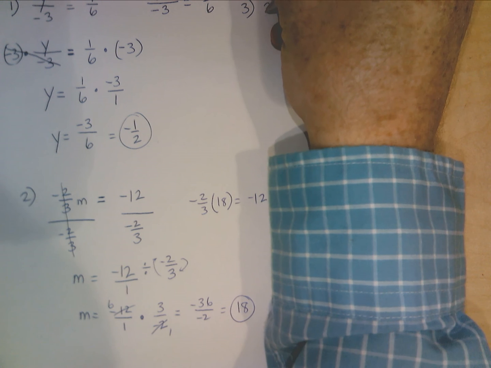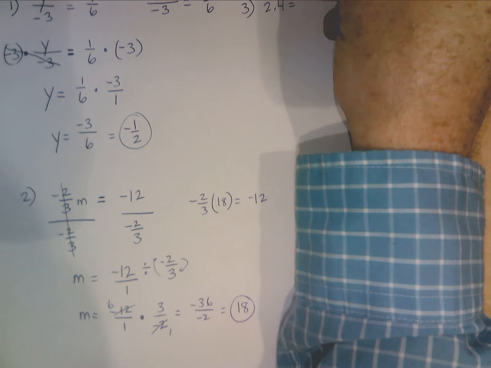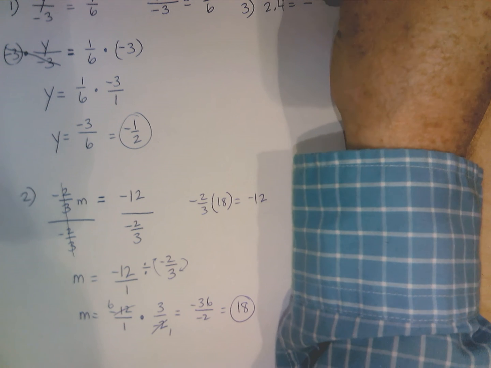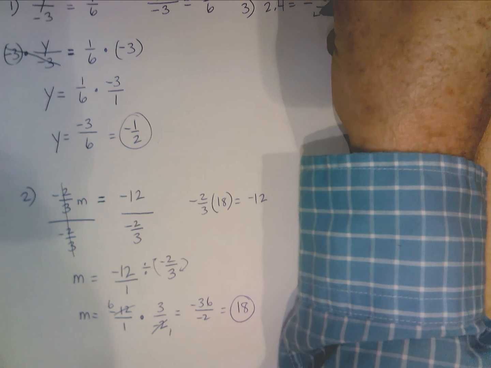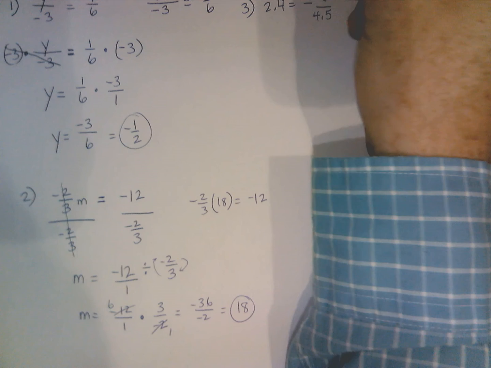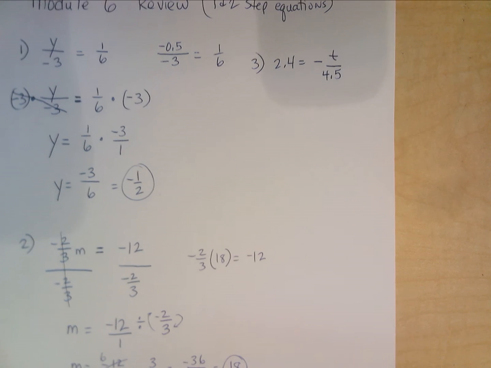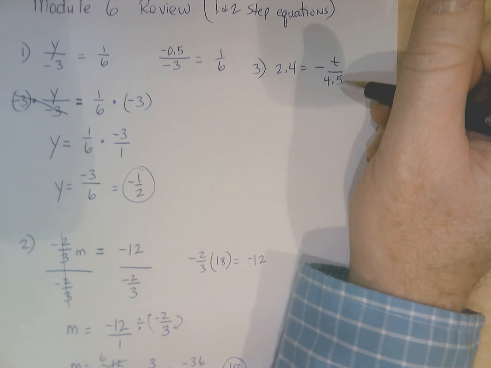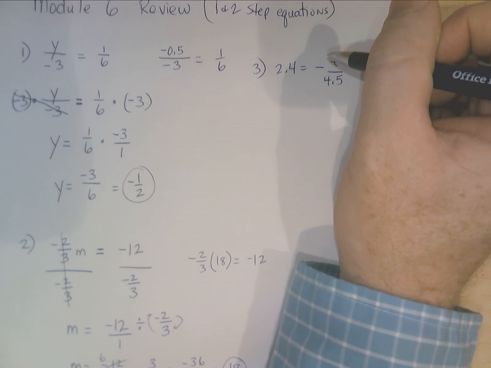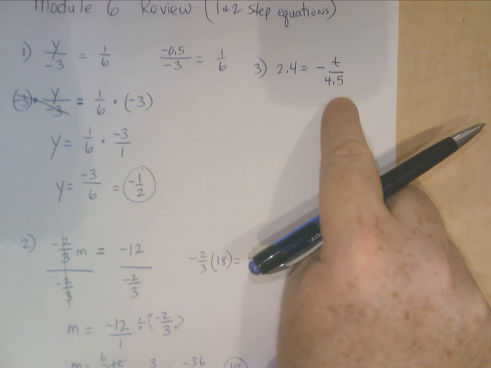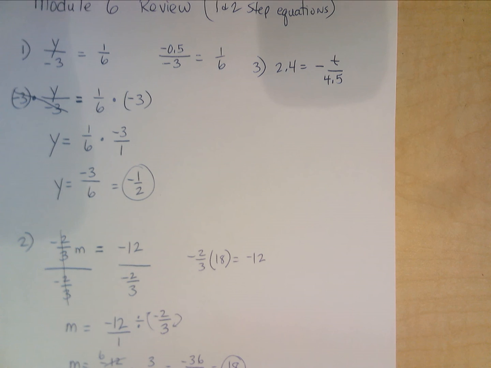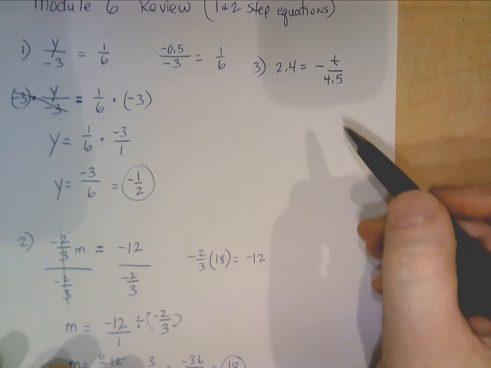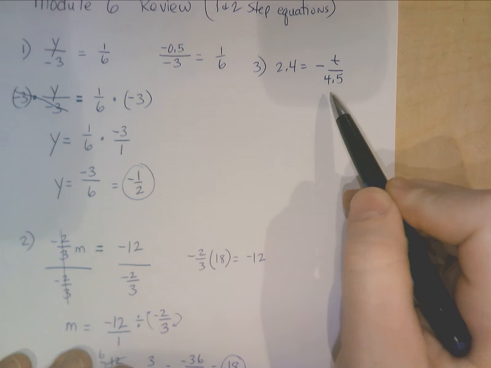The third example I have for you is another one-step equation. We've got 2.4 equals negative t divided by 4.5, or we could say t divided by negative 4.5. We can put the negative down here; it doesn't matter which one you put it in, because the answer is still going to be the same. The only thing a little weird is that you have the answer on the left-hand side and the algebraic expression on the right-hand side.